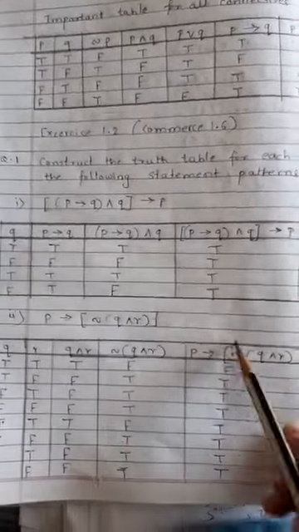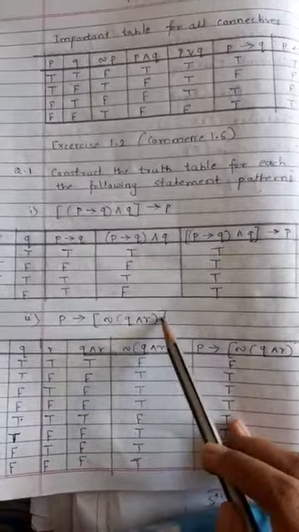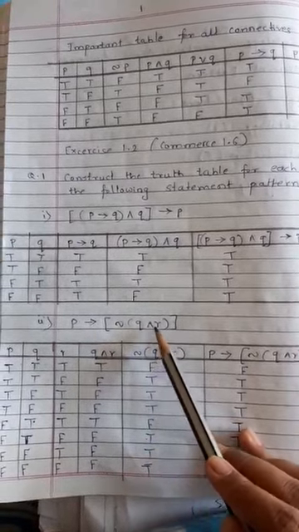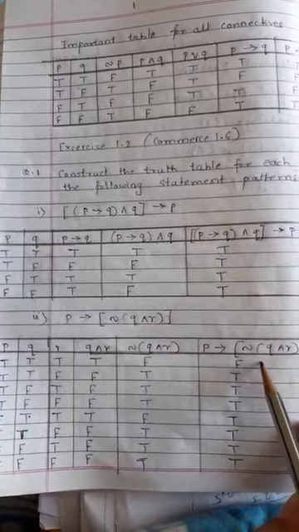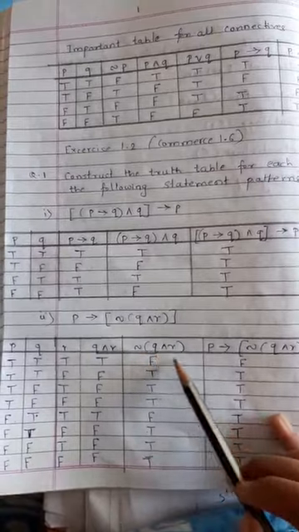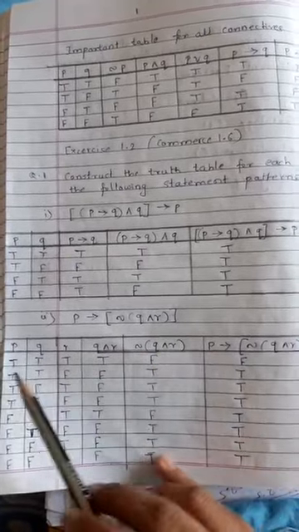Next is the whole statement pattern, P implies negation of Q and R. We already have the negation of Q and R, and we have to take the implication with this.